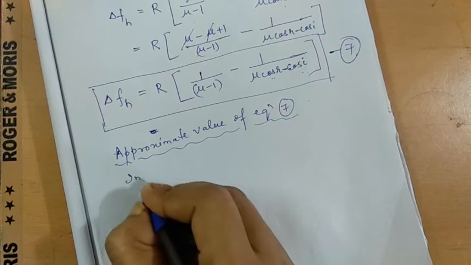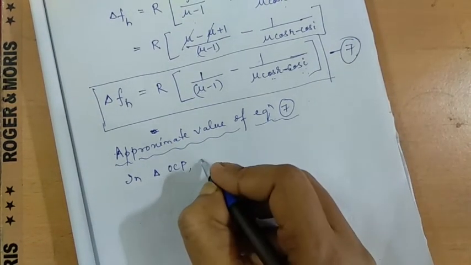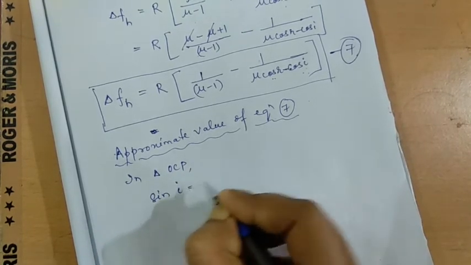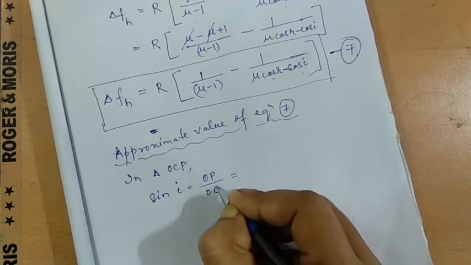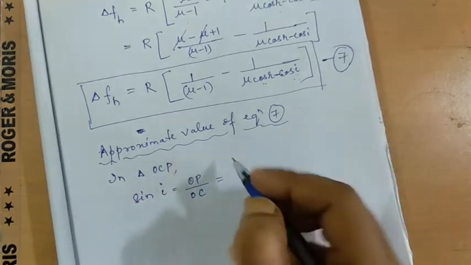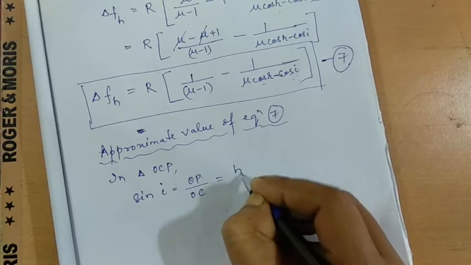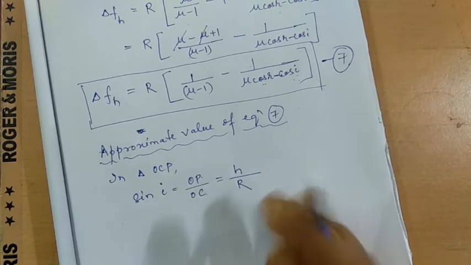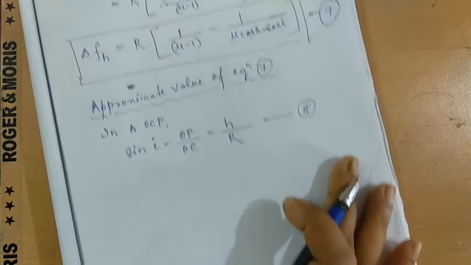In triangle OCP, as I have shown in the figure, your sin i is equal to OP by OC, which equals h by R. Let's say this is my equation 8.